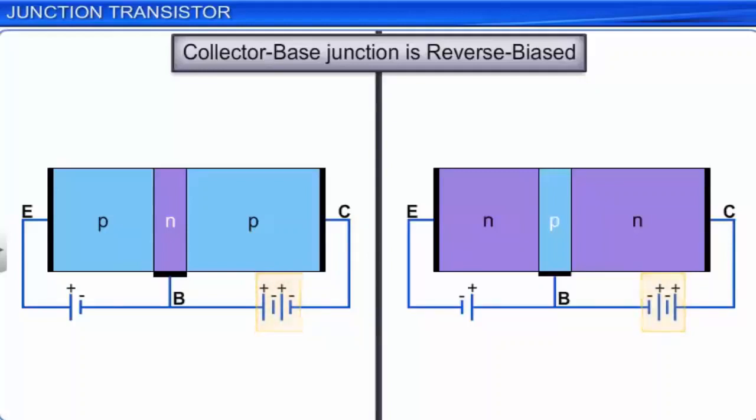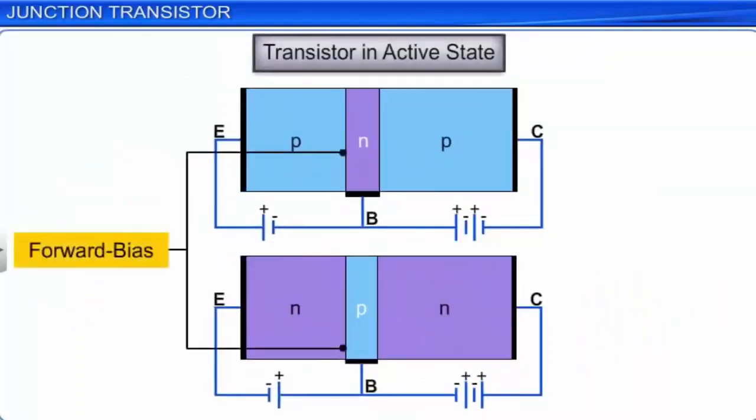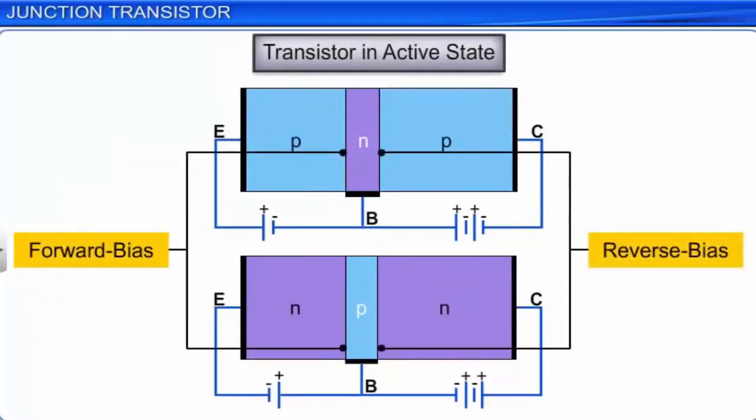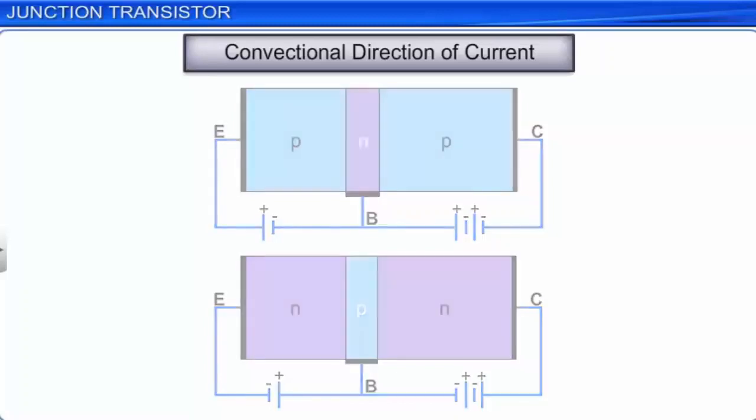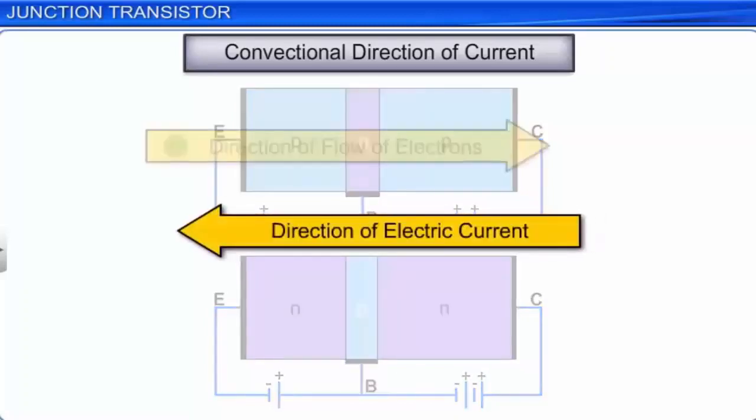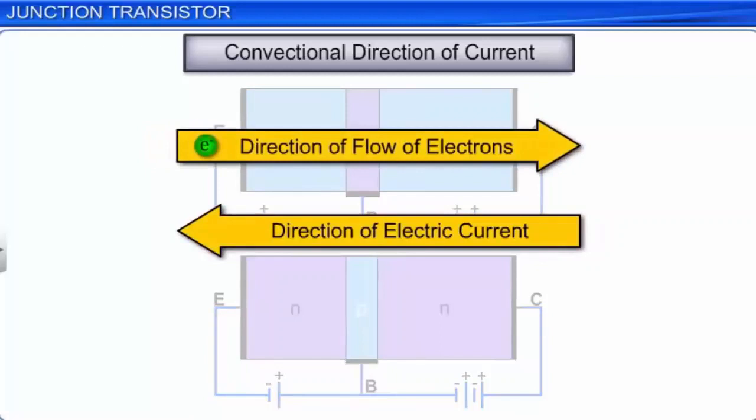Before we discuss the working of PNP and NPN transistors in the active state, let us recall that by convention, the direction of electric current is taken opposite to the direction of the flow of electrons, that is, in the same direction as the flow of holes. When the emitter base junction of a PNP transistor is forward biased, a large number of holes from the emitter enter the base.